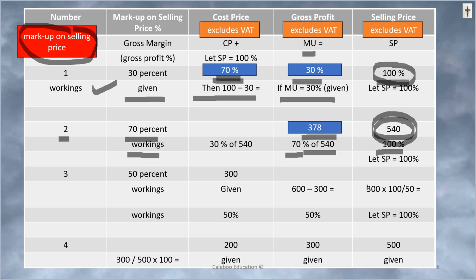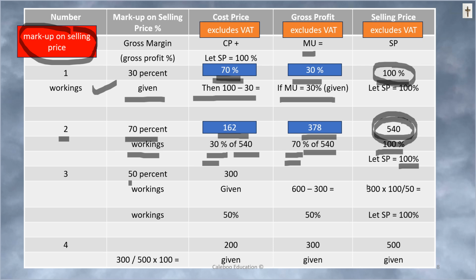And then if we got 100% minus 70%, cost price is 30%, and it's 30% of the selling price, and that is 162. This takes a little bit of practice. For me, this is easier than the markup on the cost price.